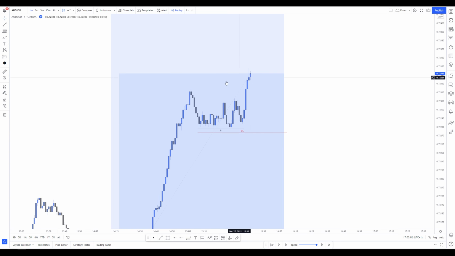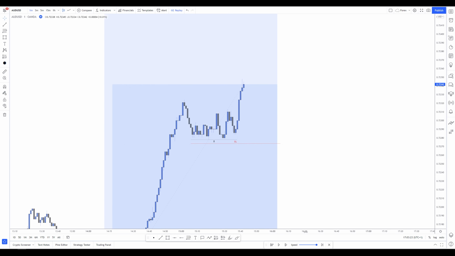Now price broke structure above, and we could take another trade right here, but as we know, there is a lot of liquidity below, and I didn't want to get taken into the trade just to be taken out after.